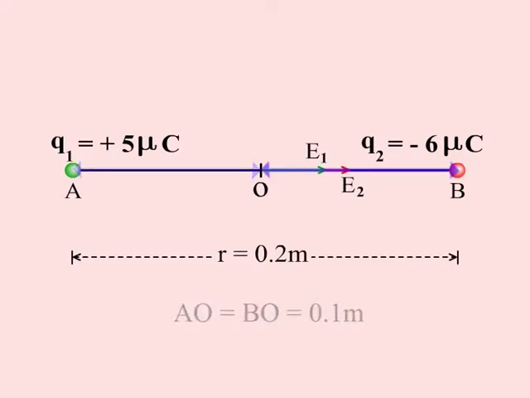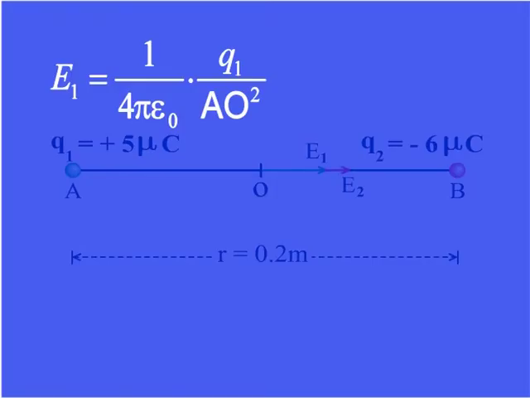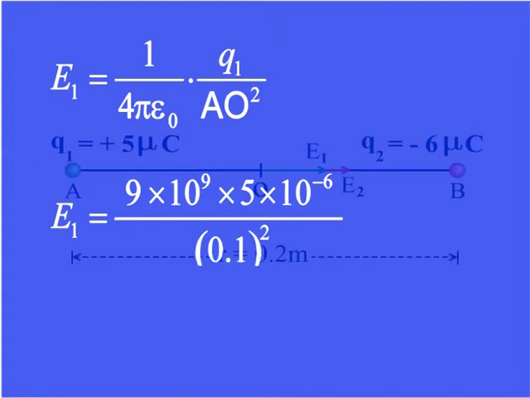0.1 meter. Therefore, electric field E1 at point O due to charge Q1 is 1 upon 4 pi epsilon naught into Q1 upon AO square, which is equal to 9 into 10 raised to the power 9 into 5 into 10 raised to the power minus 6 upon square of 0.1.